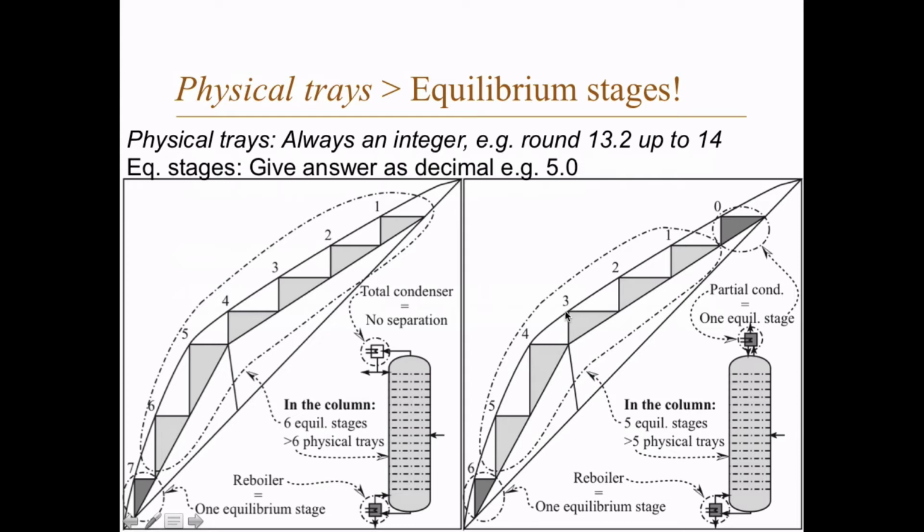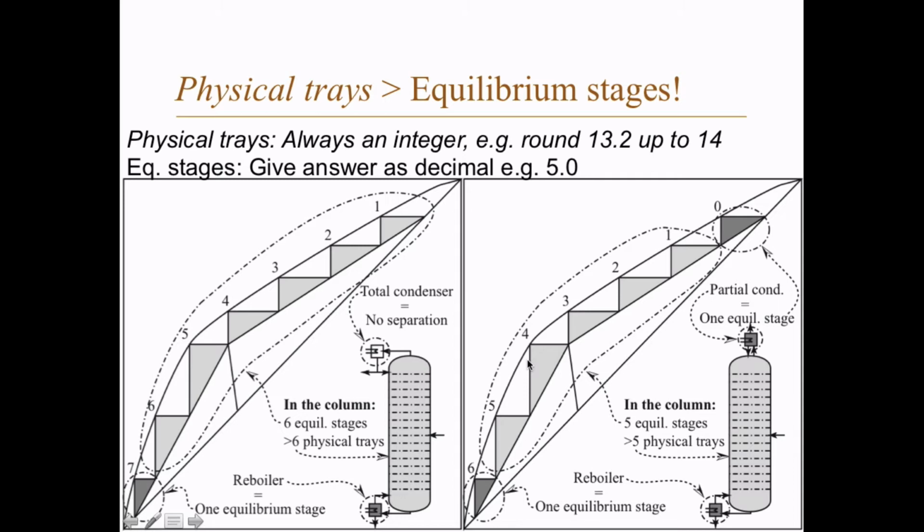So this is optimum feed location 3.0 in equilibrium stages. And if we don't have optimum feed location, then you continue to step to the upper operating line until you reach below the feed.